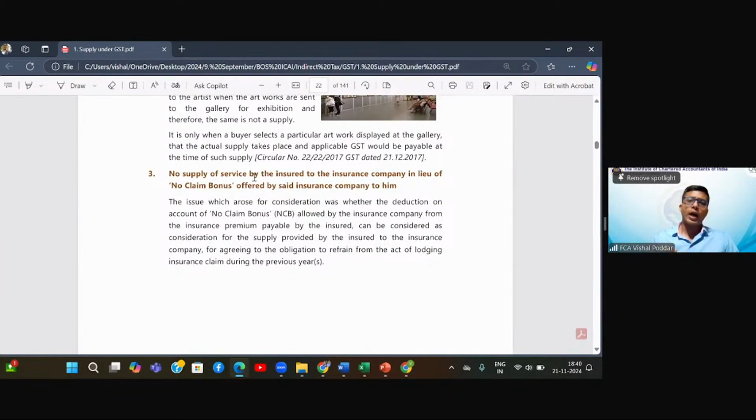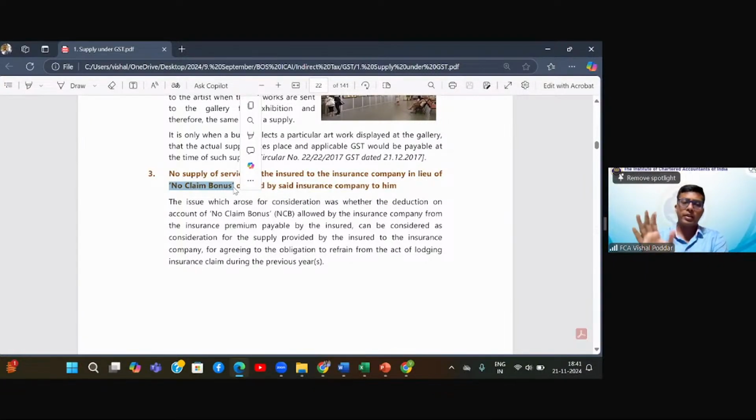When you have taken out an insurance policy, generally the health policy, which has to be renewed every year, if in the past 2 years you have not taken any claim, then just to push you to buy your policy for the third time, they say, okay, since you have not taken any claim for the past 2 years, I am giving you a benefit, which they call a no claim bonus. Some call it an incentive. So it appears as if the insurance company is making payment of money to me because I have supplied them something. So this is what is clarified.